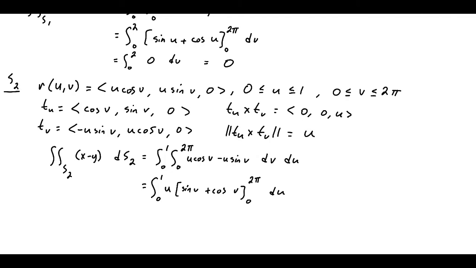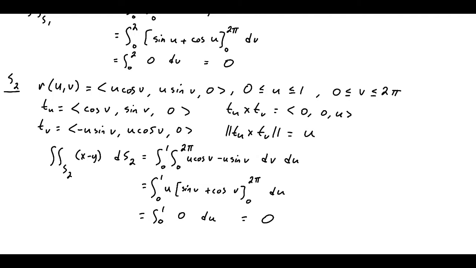And this is again equal to 0. So we have the integral from 0 to 1 du of the function 0, so the surface integral of x minus y over that surface is equal to 0.